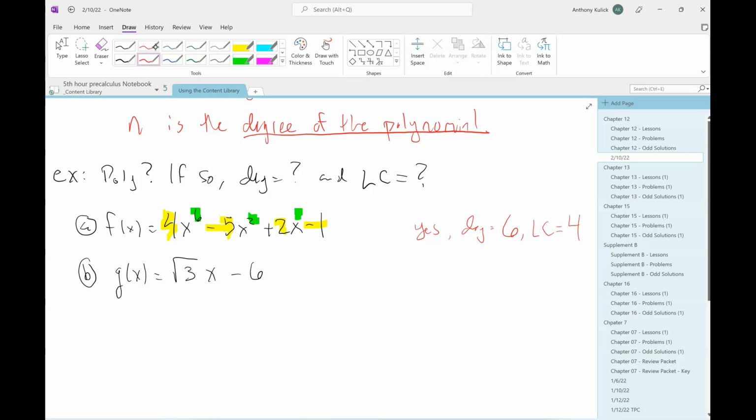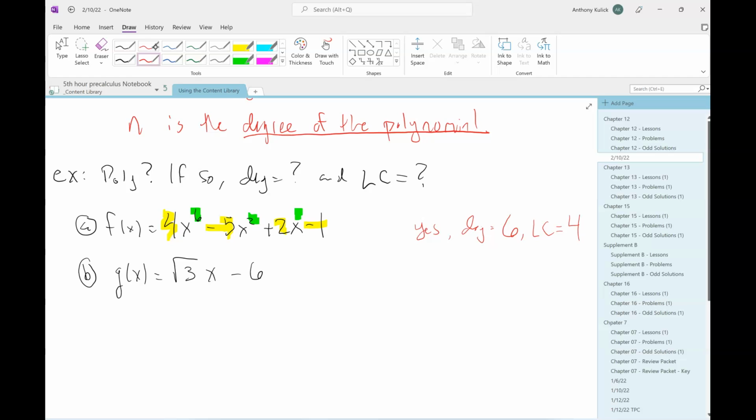So our next one here, g of x equals square root 3 times x minus 6. What do we think here? Polynomial. You say yes.